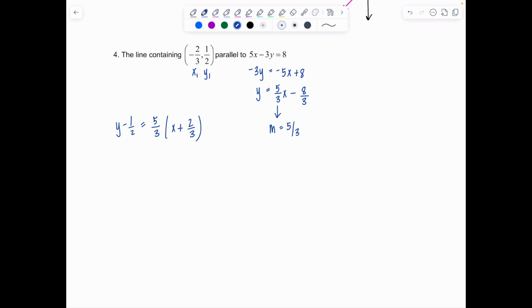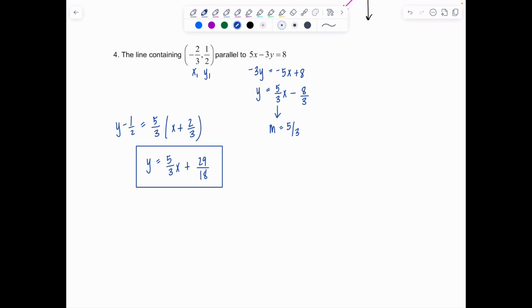Okay. I'll let you practice cleaning it up. We get y equals 5/3 x plus, that would be 10 over 9 plus 1/2. So then we're going to end up with 29 over 18. Okay. Kind of disgusting, but it's correct.